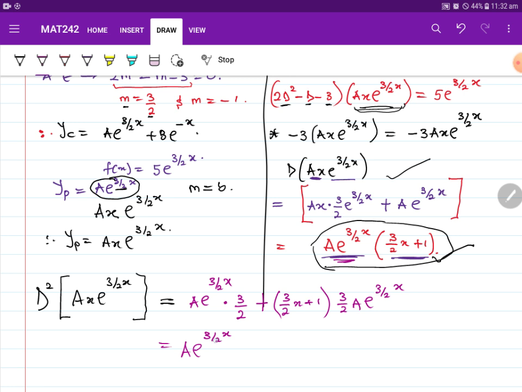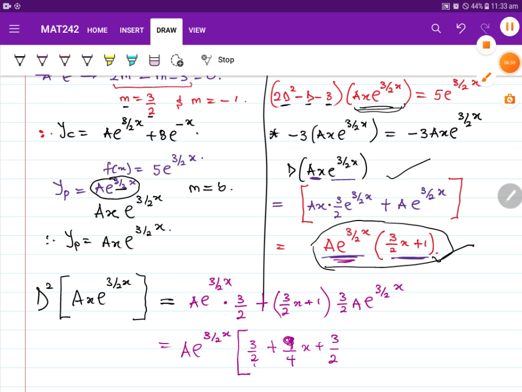When we factorize this out, you are left with 3 over 2 plus this times this, that's 9 over 4x plus 3 over 2.